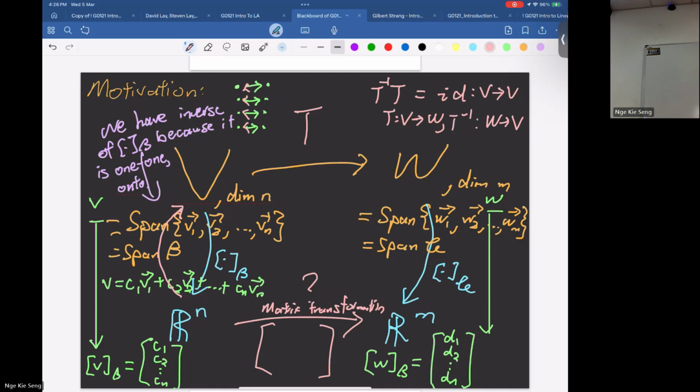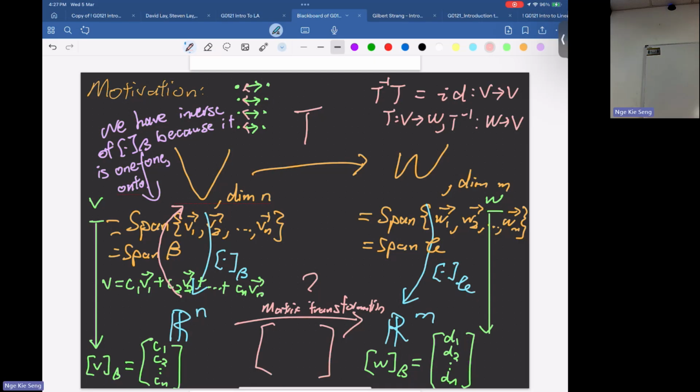So again, we turn the question on the abstract vector space into a matrix problem. If you want to look at linear transformation between finite dimensional vector spaces, actually it is still just matrix multiplication, but on your scalars only.